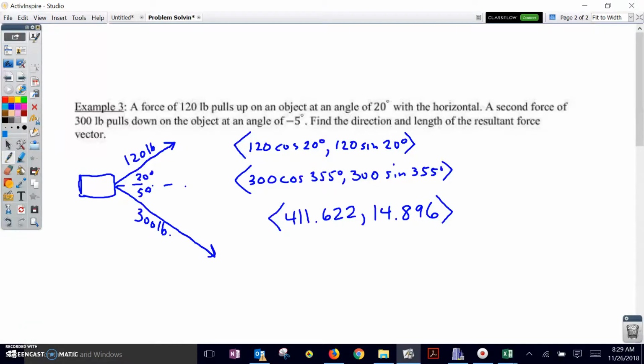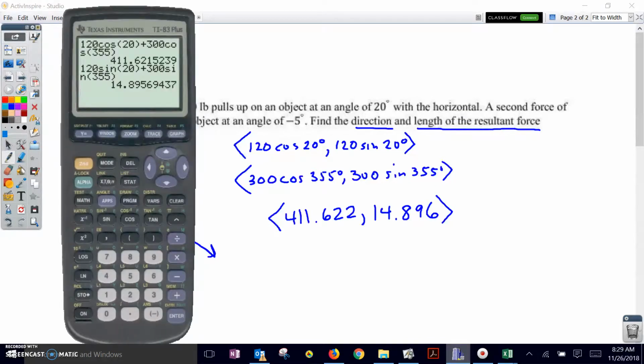Now, we need the direction and the length of the resultant force vector. First, I'm going to find the length of the resultant force vector. That's just the magnitude of this vector. So that's going to be the square root of 411.622 squared plus 14.896 squared.